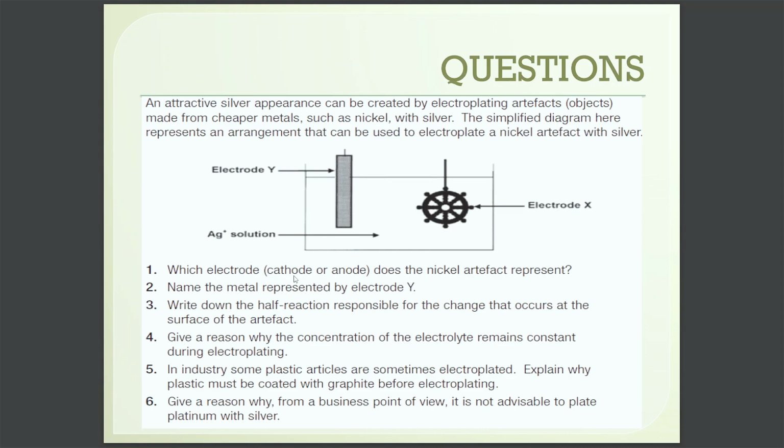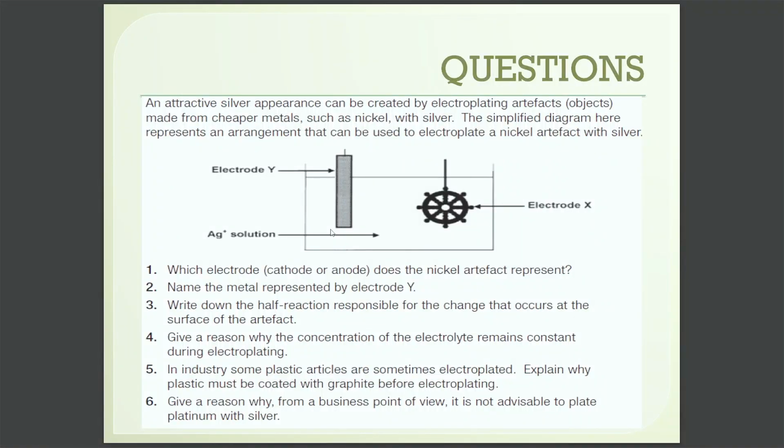The first question they are asking is, which electrode, whether it is the cathode or the anode, does the nickel artifact represent? Grade 12, remember we also said that whenever you're dealing with electrolytic cells, the anode is now positive and the cathode is now negative.